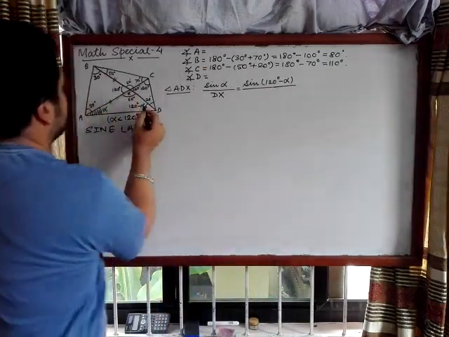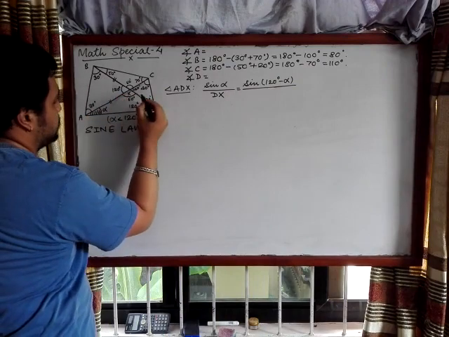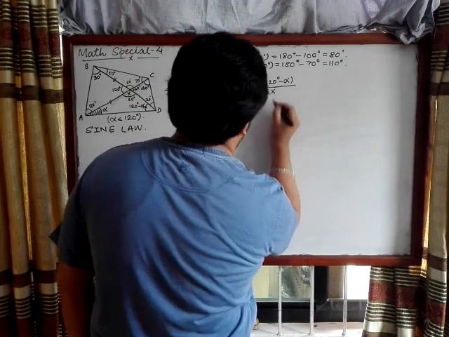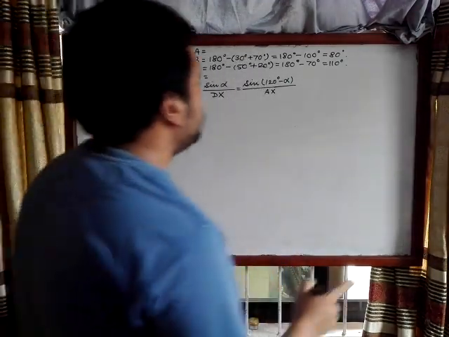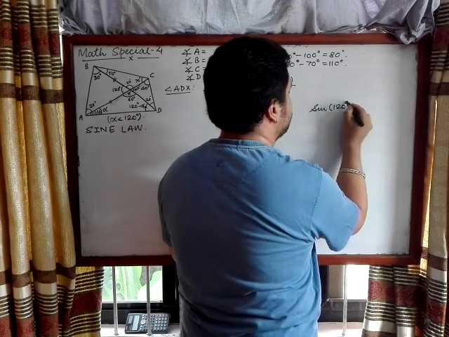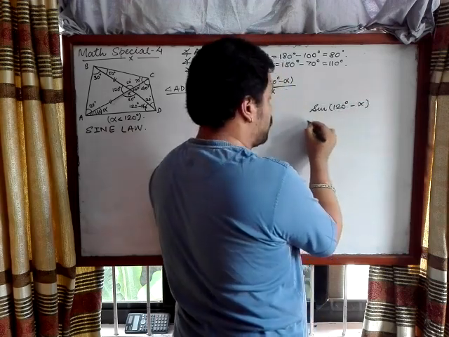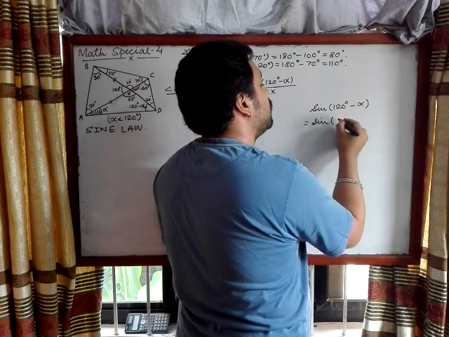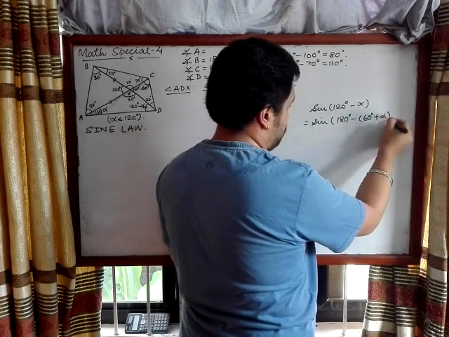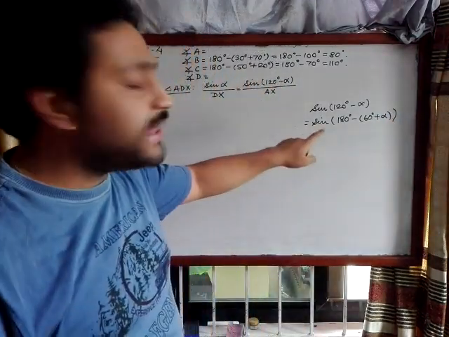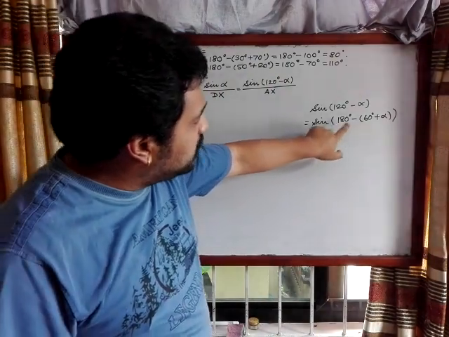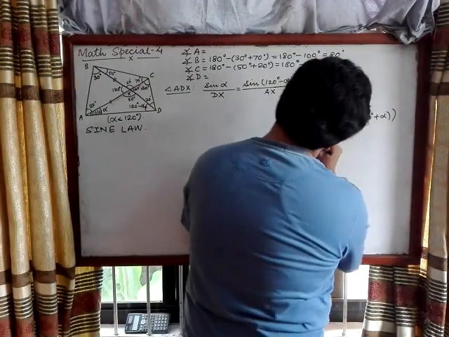Over, now this side is AX, so let's put AX here. Now one thing you can do is sine of 120 degrees minus alpha is equal to sine of 180 degrees minus 60 plus alpha. Okay, and then you can use sine of 180 minus something means sine of something.